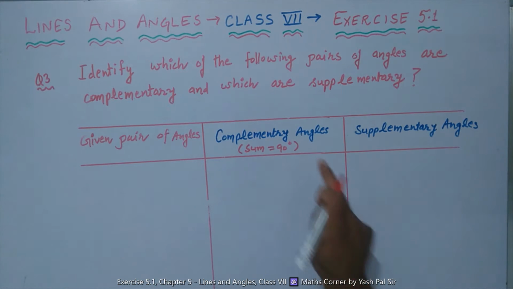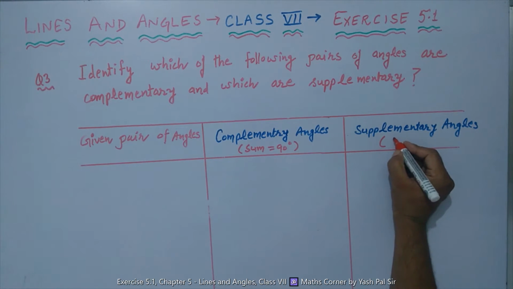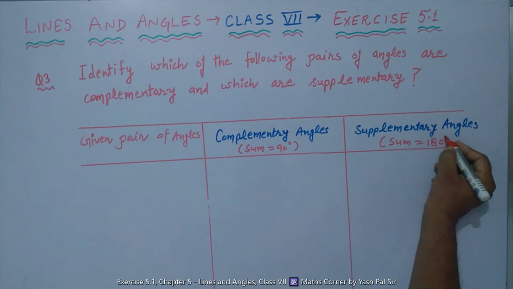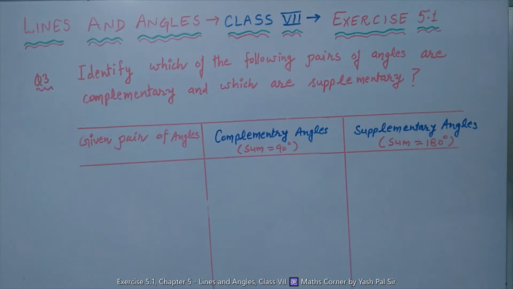We shall put the tick mark here. If sum of the angles is equal to 180 degree, it means the pair of angles will be supplementary angles, right? So let us see what are they.